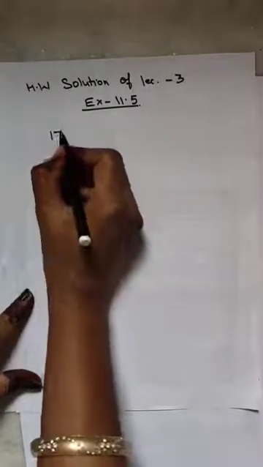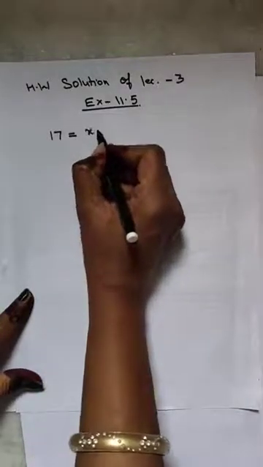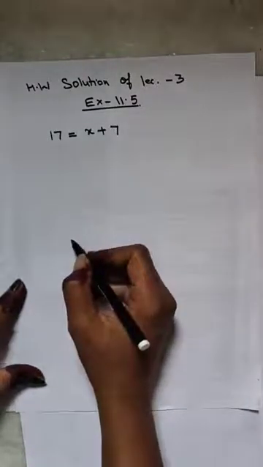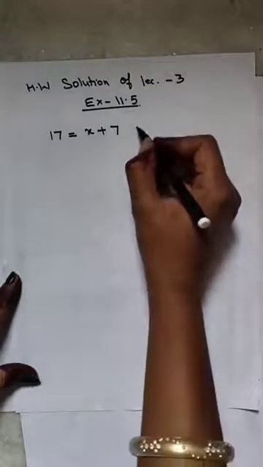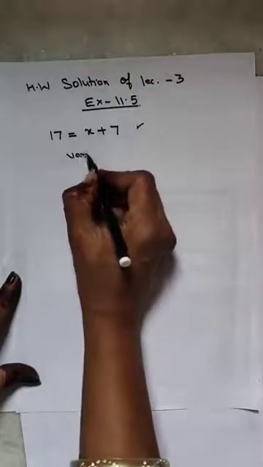I have told you what an equation is: if there is an equal sign. But they have asked for an equation with a variable, so you have to see that there must be a variable also. That is not a numerical expression. So A is like this: 17 equal to x plus 7. Yes, this is an equation with a variable, and the variable is here.